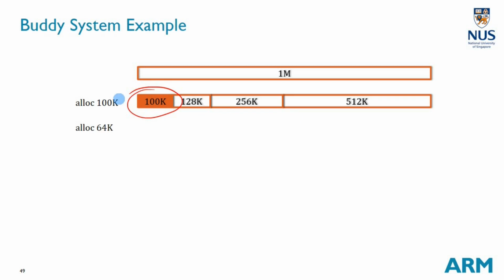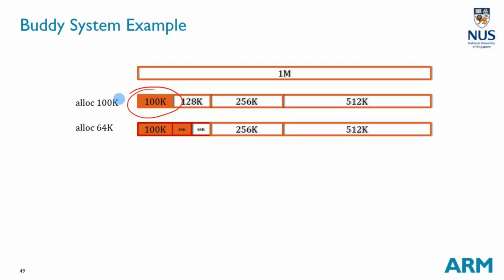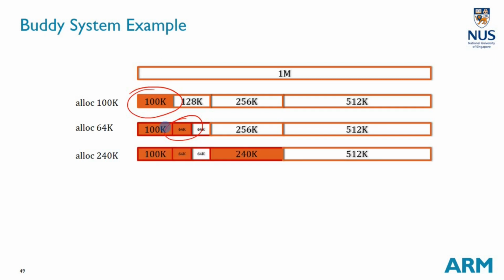If I have another request to allocate 64k, what do I do? I can break up the 128k into another 64k and 64k, and that chunk will now be allocated over here. How about if I request 240k? Then I look for the closest memory, which is the 256k, and I allocate the 240k.